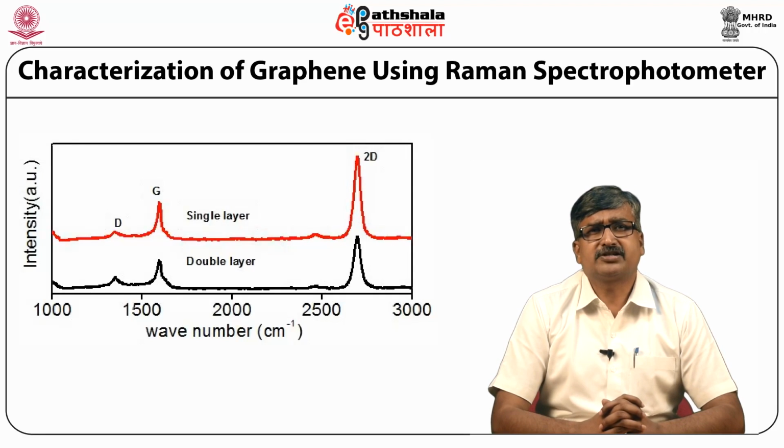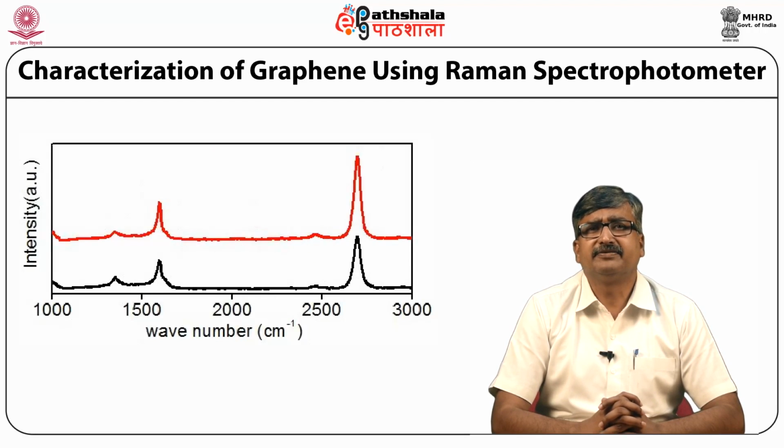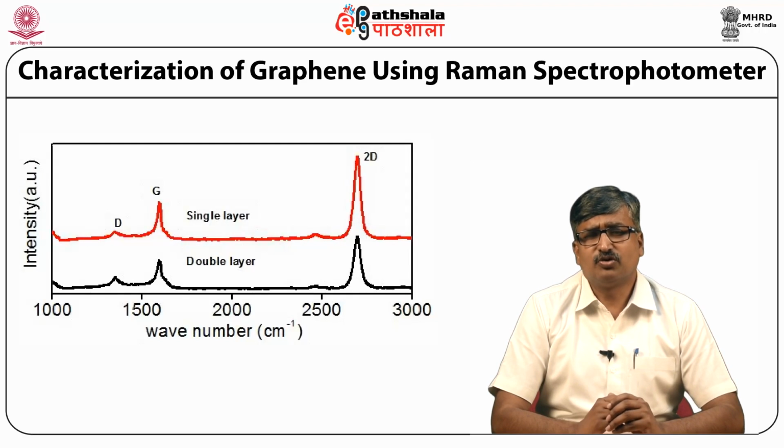The Raman spectra of graphene and graphite, composed of millions of layers of graphene stacked together, are shown in figure 1.